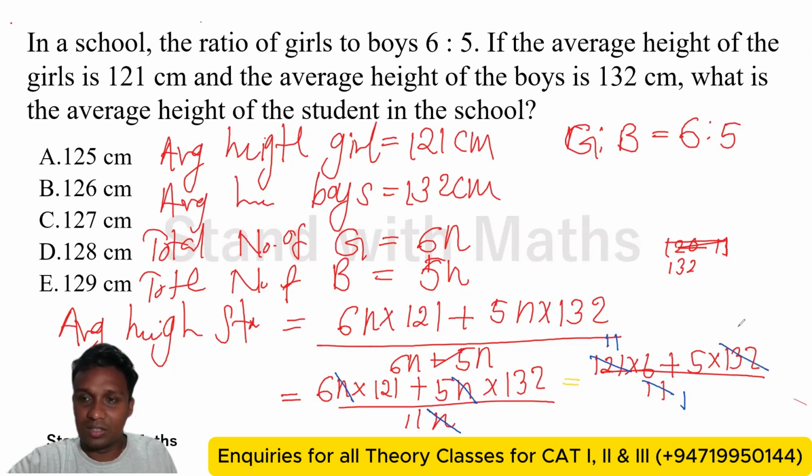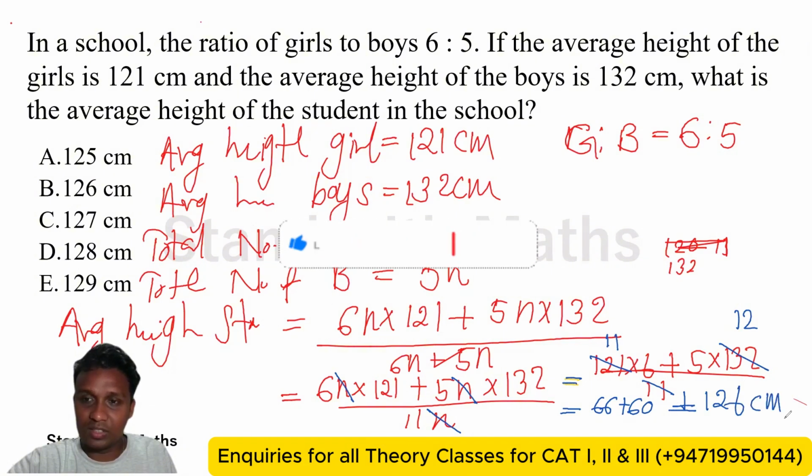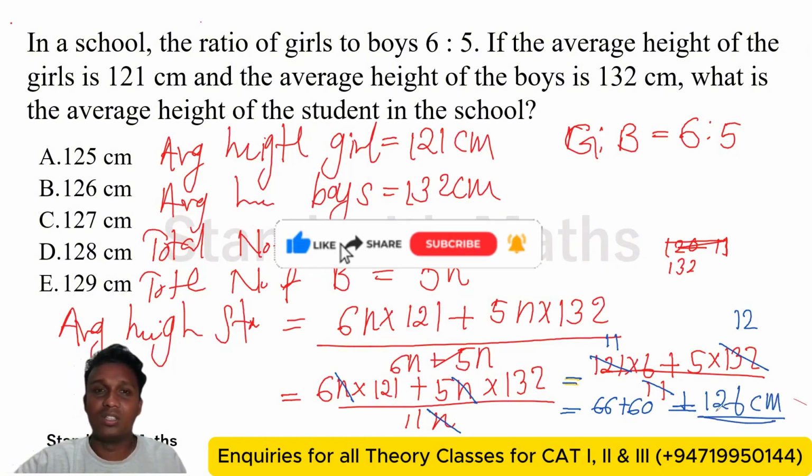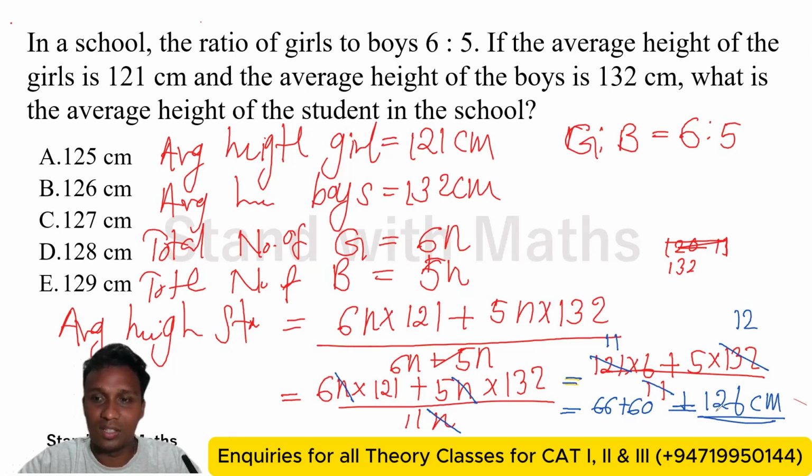Again this one, here I have 12 elevens. So I can write 66 plus 60 is equal to 126 centimeters. So now we can see the average height of the students is 126 centimeters.